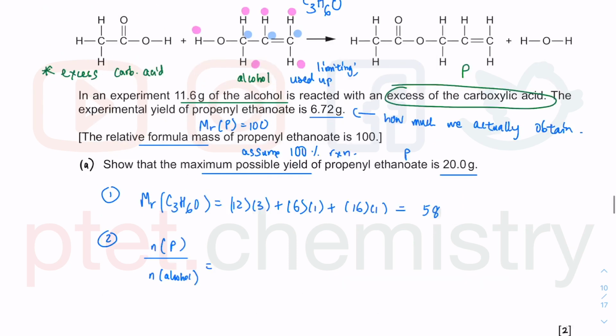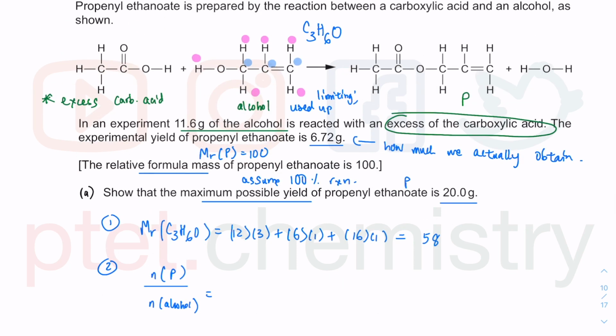If we look at the balanced equation, 1 mole of the product is obtained from 1 mole of the alcohol, so it's 1 to 1. I have the mass of the product, which I want to show based on a 100% reaction. So 1 mole of alcohol reacts completely to give you 1 mole of product. However much of the alcohol, which was 11.6 gram of the alcohol, divided by 58.